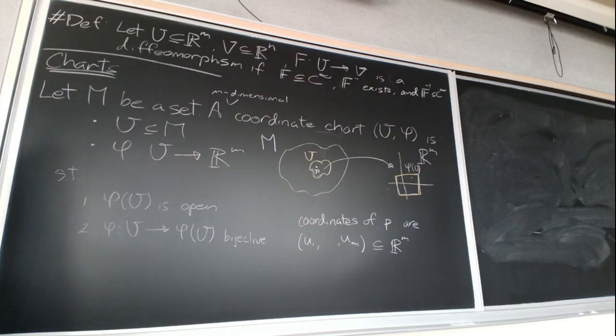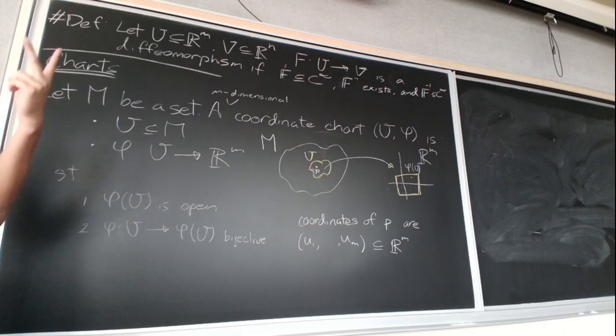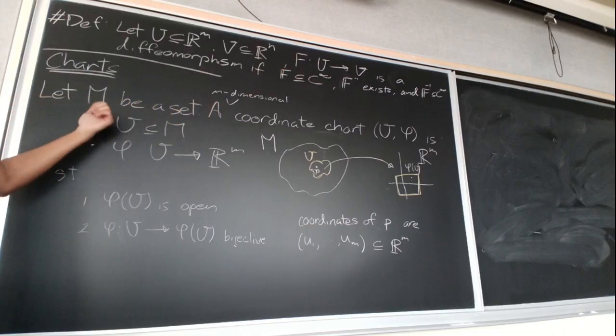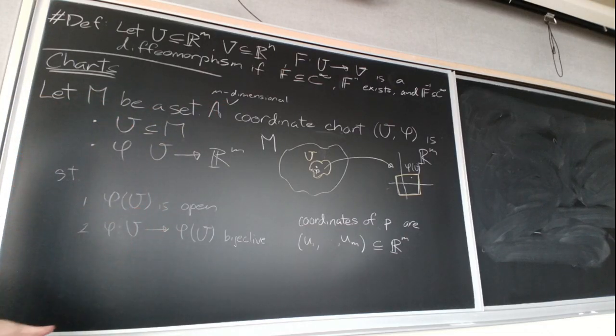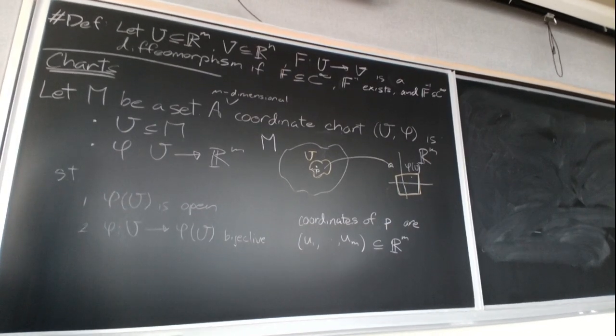One containing a subset U, and the other one is a map. Not a linear map, just some map from U to Rm. And this map has to be bijective onto its image, and I want the image of U to be open in Rm.